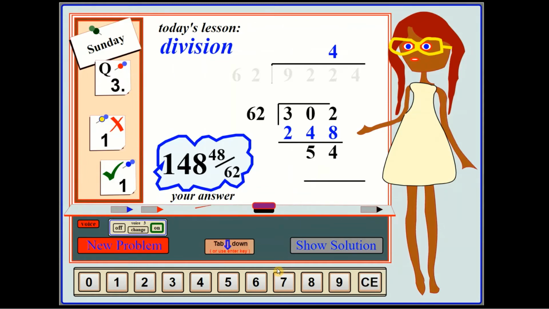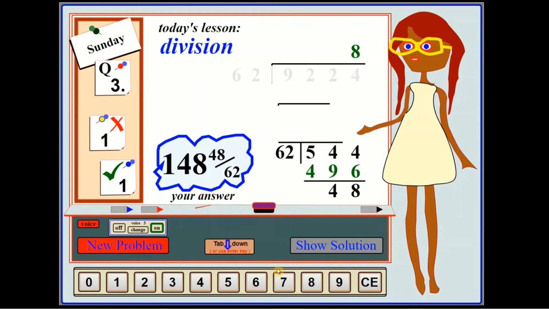The 54 represents what is unaccounted for at this stage. We combine that with the last part of the original number, the 4. We repeat our 3-step process for a final time. 544 divided by 62 is 8. 8 multiplied by 62 gives the green 496.